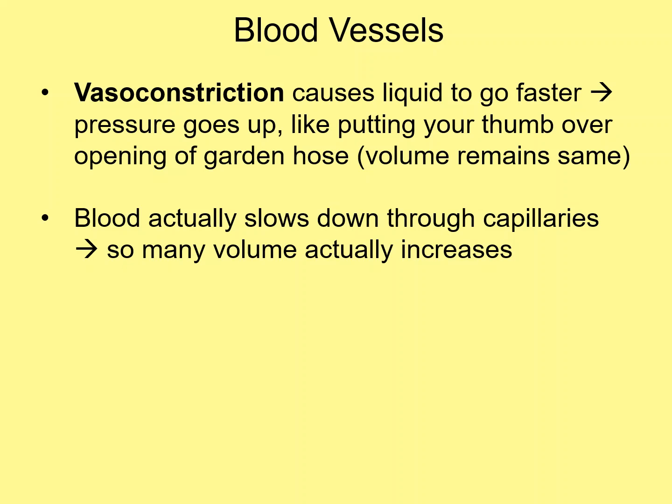And what actually happens as blood goes through your capillaries and the capillary beds is that you have so many tiny vessels that your main vessels have branched into that, instead of going through more quickly, the blood goes through more slowly.